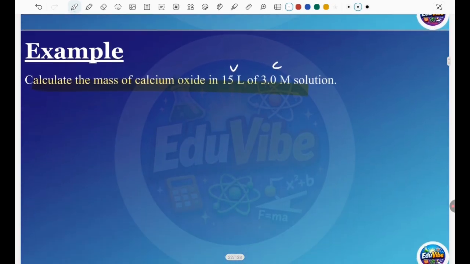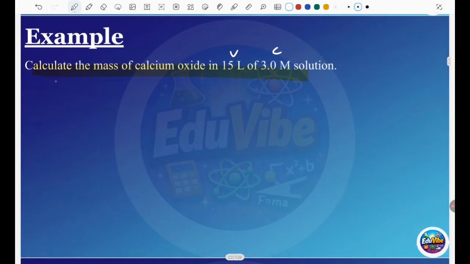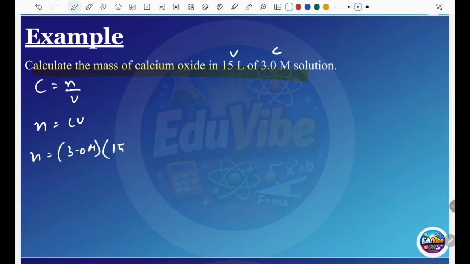Now we have a concentration, so find the n first, then go backwards. c is equal to n upon V, and you have to find the n. So n is equal to c times V. c is 3.0 moles per liter, and you have 15 liters. When you calculate this, you get n of 45 moles.